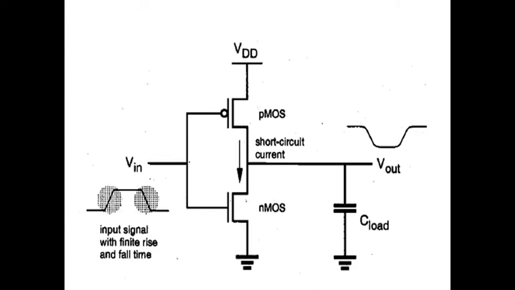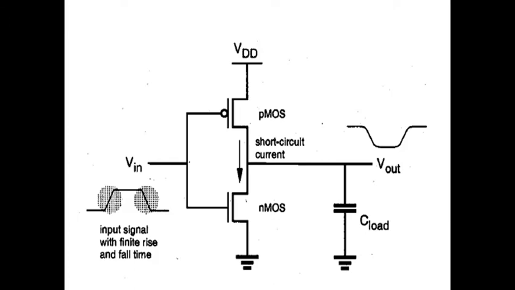Everybody knows that in a CMOS inverter circuit, if you apply input voltage as logic 0, your PMOS transistor will get turned on. The moment this PMOS transistor gets turned on, the capacitor will charge through that PMOS transistor and the output will rise to the VDD level. So there is a charging event when your PMOS transistor gets turned on.